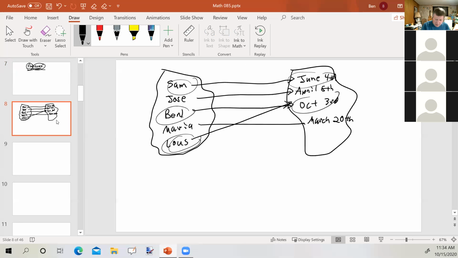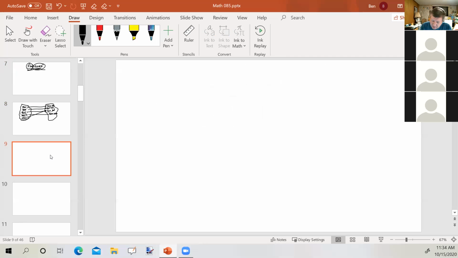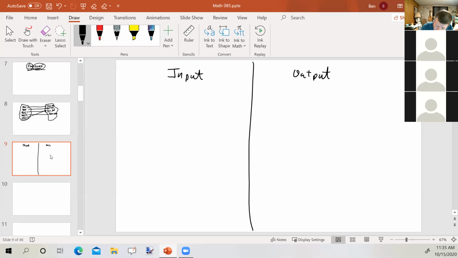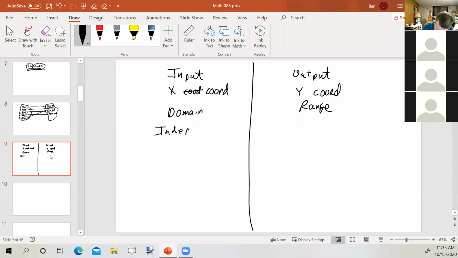All right. I want to look at some different names for things. Input, output, x coordinate, y coordinate, domain, range, independent variable.